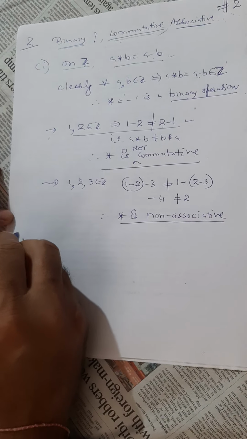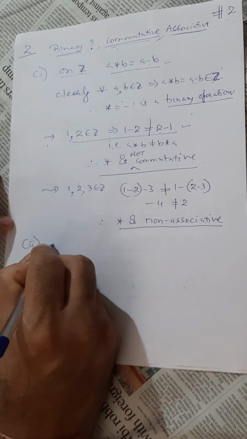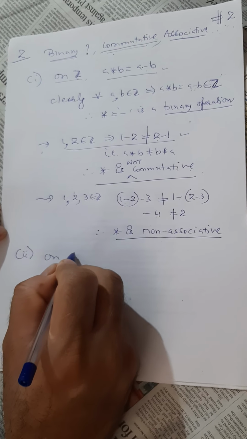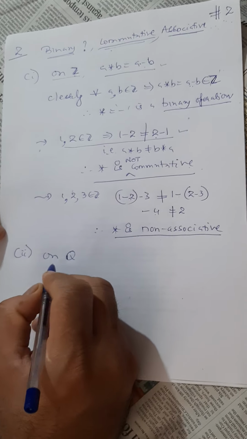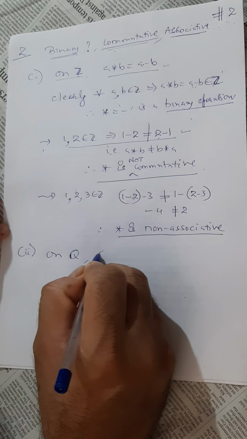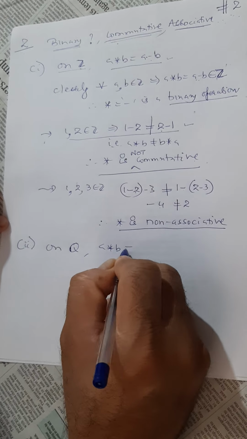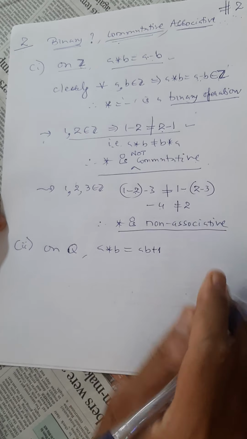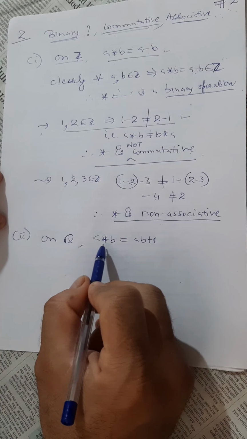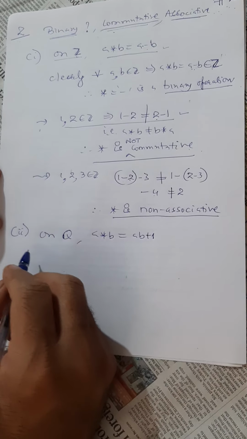Now I'll go to the second sub-question, on Q, that is, on rational numbers. A star B equals, you are given, A B plus 1.